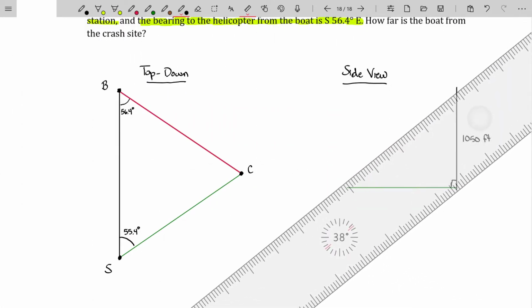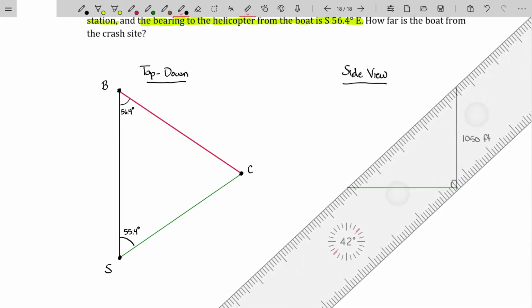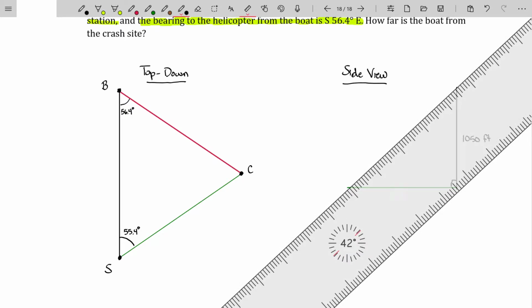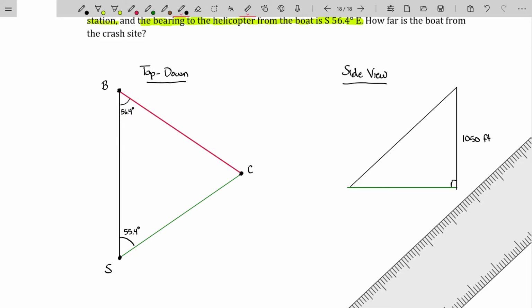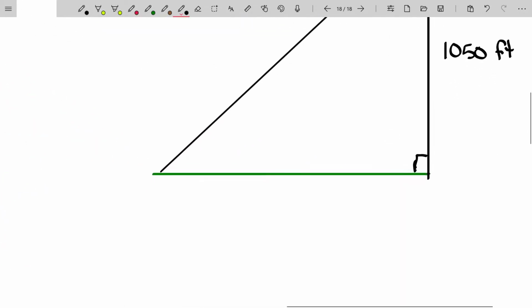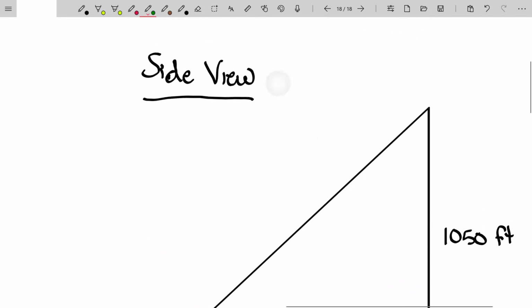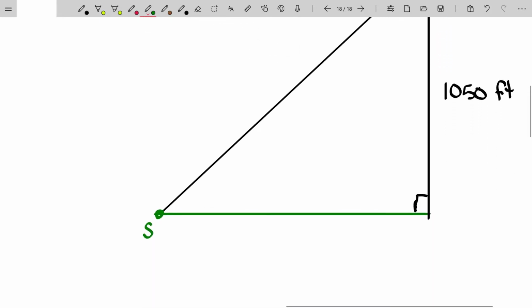I hope you would all agree. So let me just go ahead and draw in here a right triangle, if I can do it accurately enough. Well, this is good enough. There we go. There's my right triangle. And here's the reason why I drew this lower side in green. It's because somebody at the station observed the helicopter at an altitude of 1,050 feet before it crashed into the ocean.